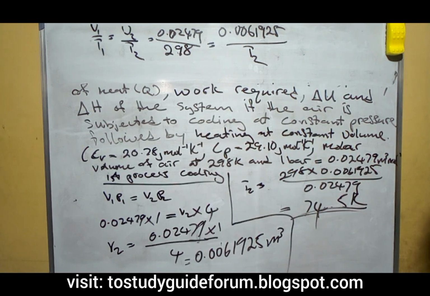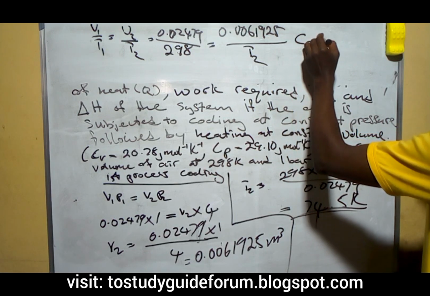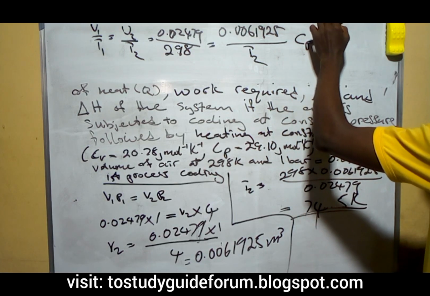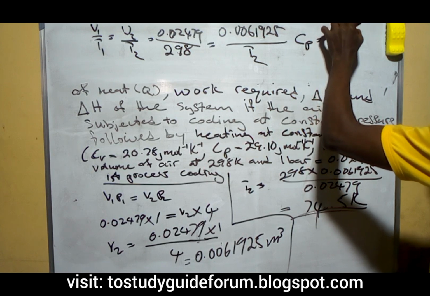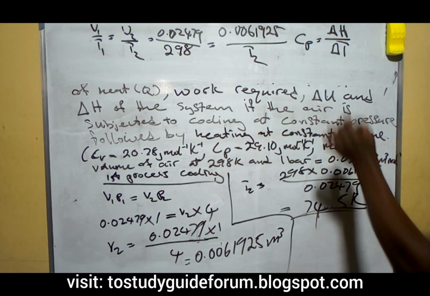So now with this information, the next thing we're going to find out here, remember that specific heat capacity at constant pressure is equal to change in enthalpy over change in temperature.